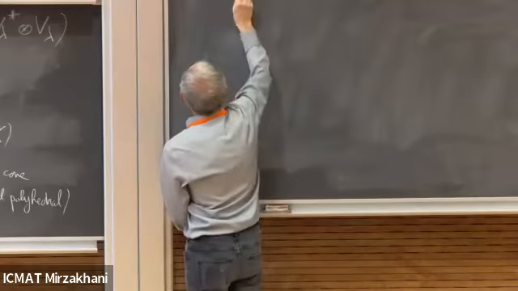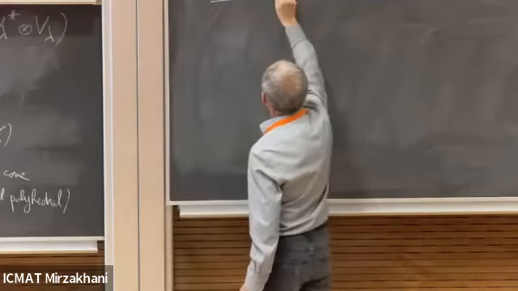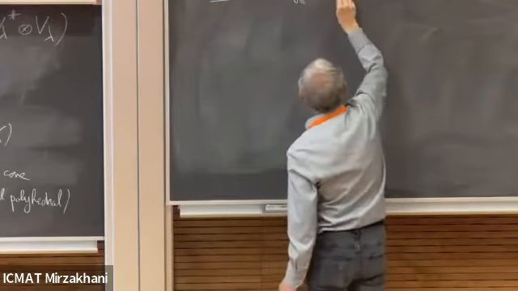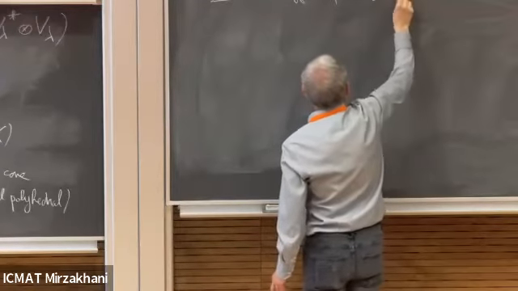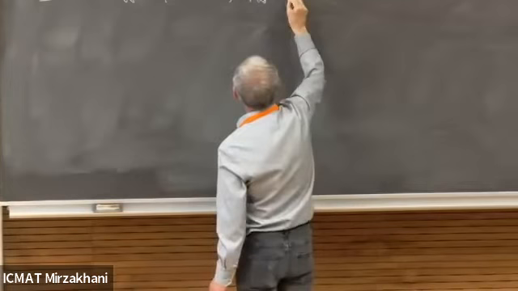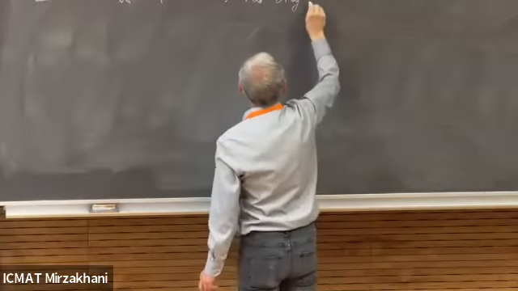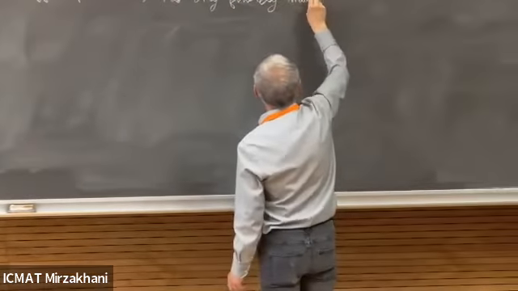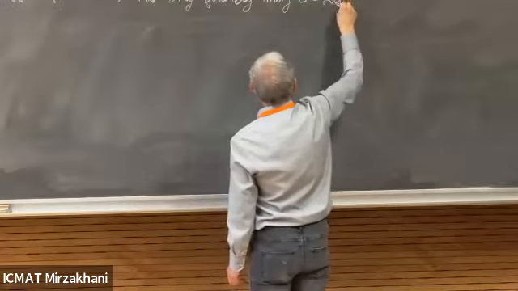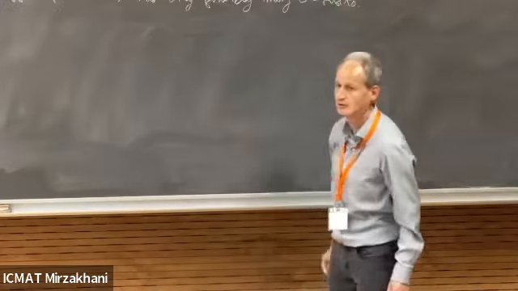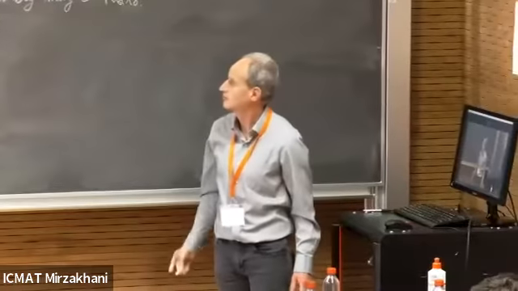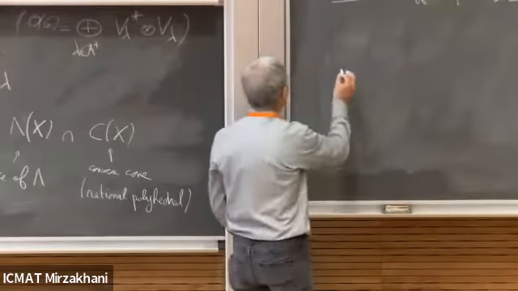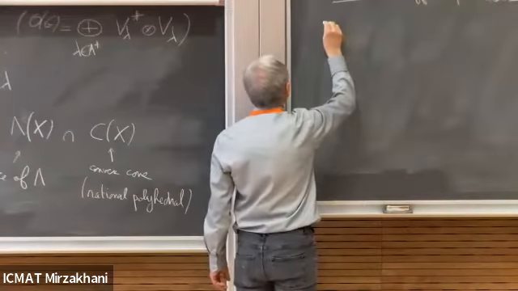Maybe I can state a corollary. Say that X is affine spherical. Then it has only finitely many G-orbits. Just like in the toric case. Well, let me sketch the proof. Probably you already imagined the proof.